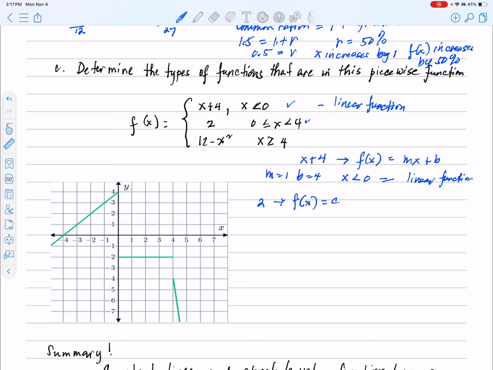That's a constant value, which is 2. So the function defines the interval of x greater than or equal to 0 and less than 4. Therefore, this is constant.